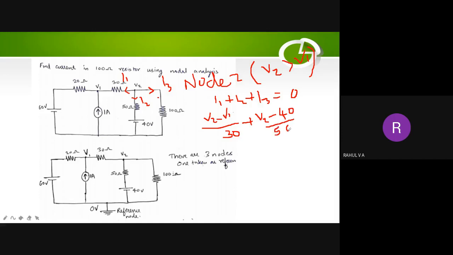That is potential difference across 50 ohm resistor. So voltage at one terminal is V2 and voltage at another terminal is 40. So V2 minus 40 divided by resistance 50 ohm plus V2 minus 0. The potential at opposite end is 0 because it is the reference node. So one end of 100 ohm resistor is V2 and another end is 0. So V2 minus 0 divided by 100.